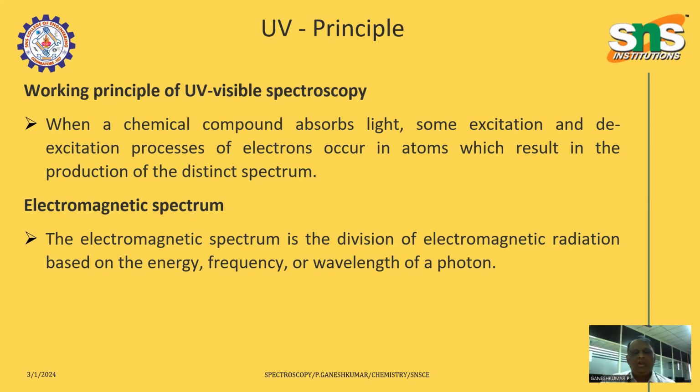So when the chemical compound absorbs light, excitation and de-excitation processes of electrons occur in atoms, which results in the production of a distinct spectrum. A spectrum is the outcome of these interactions. The electromagnetic spectrum is the division of electromagnetic radiation based on the energy, frequency, or wavelength of a photon.